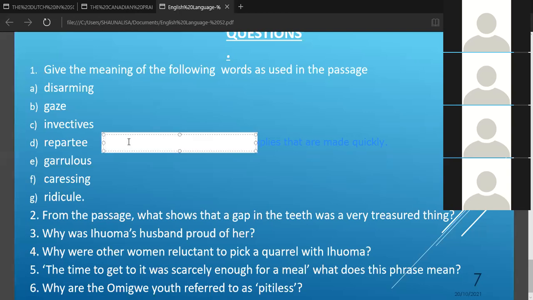Could you make it a bit darker? We have 1 minute left. Oh my gosh.